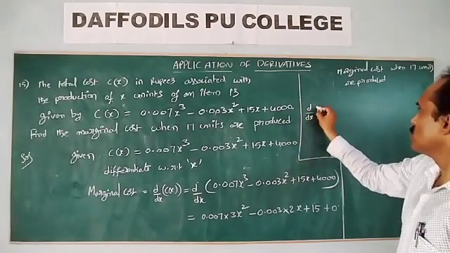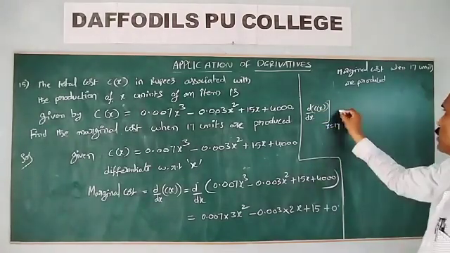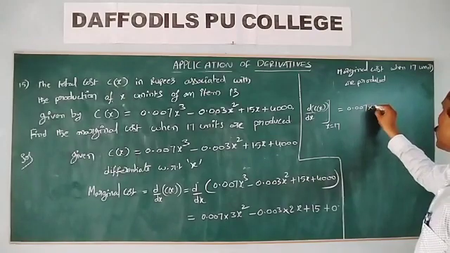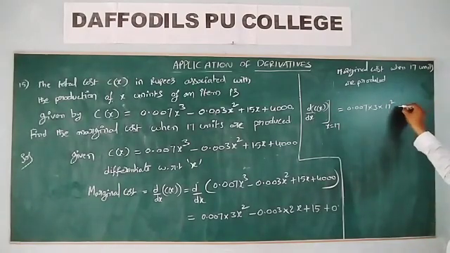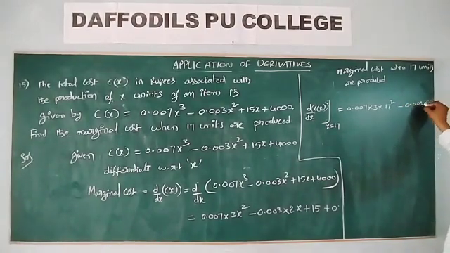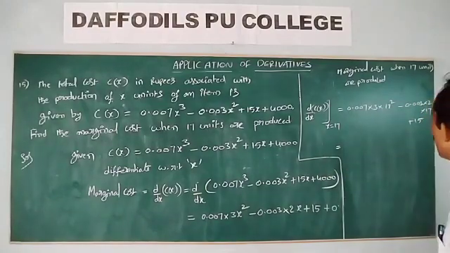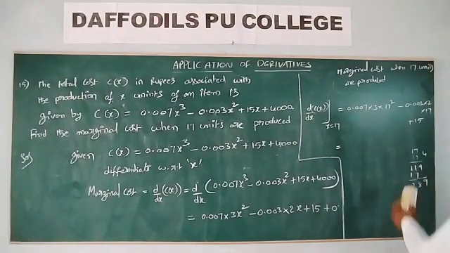d by dx of C of x when x is equal to 17 implies 0.007 into 3 into 17 square minus 0.003 into 2 into 17 plus 15. 17 17s are 289.